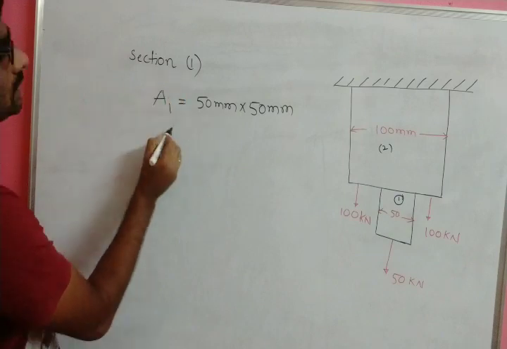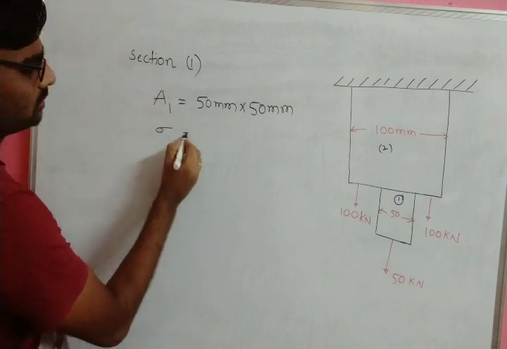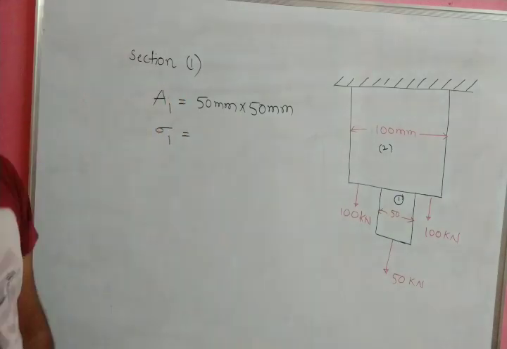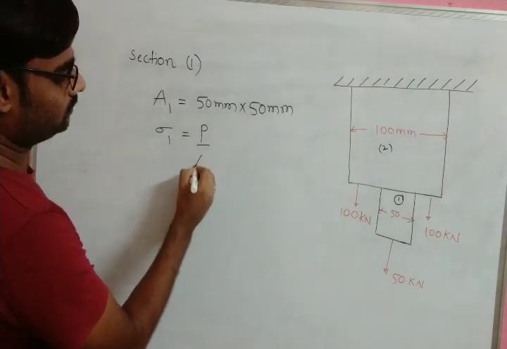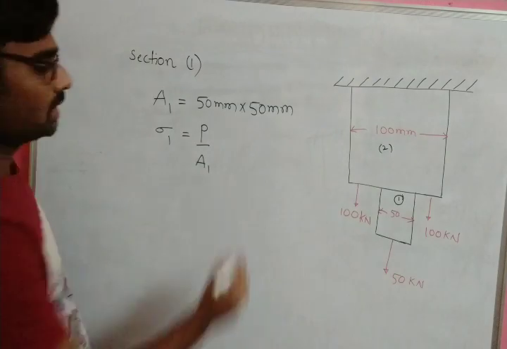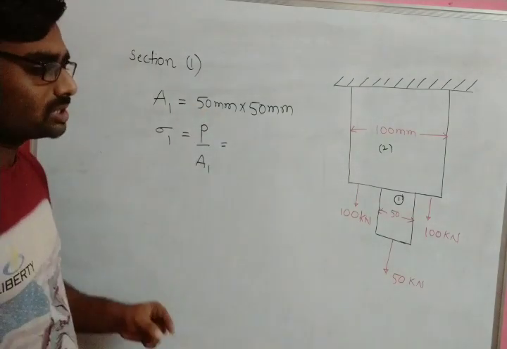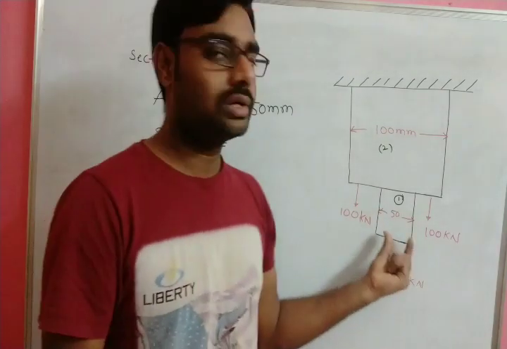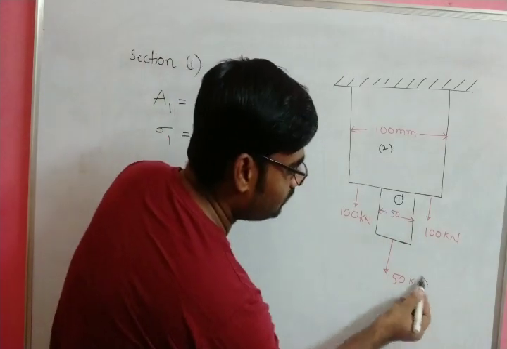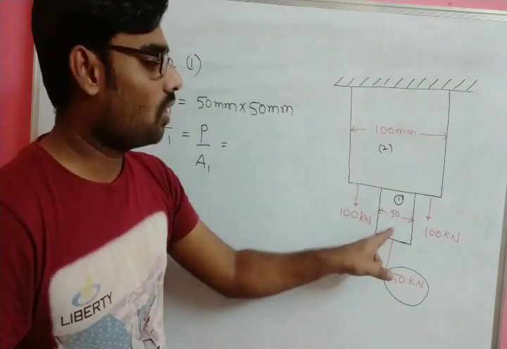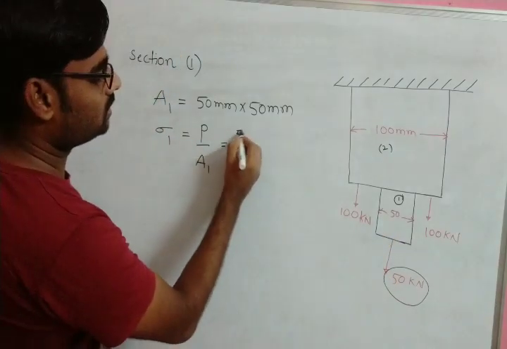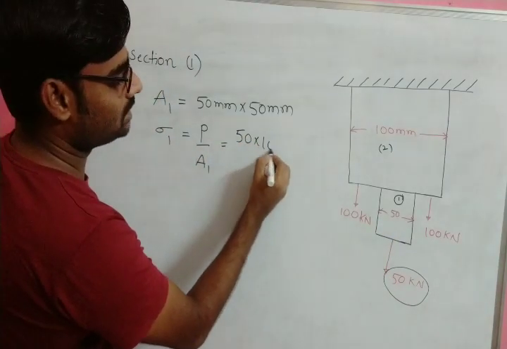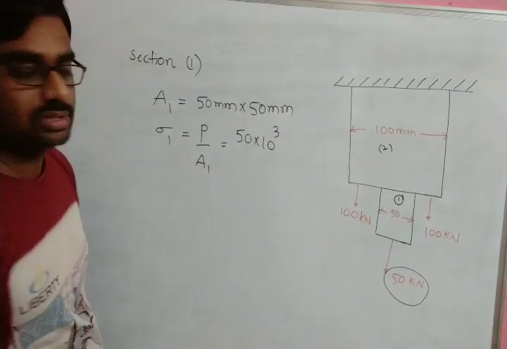So how to calculate the stress in section 1? We know that stress equals load by area. How much load is acting on section 1? This 50 kilonewton is acting on section 1, so P equals 50 into 10 cube.